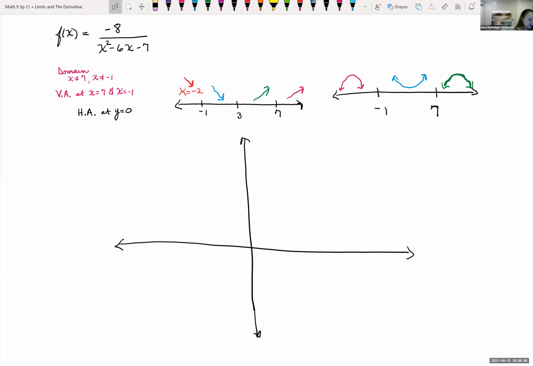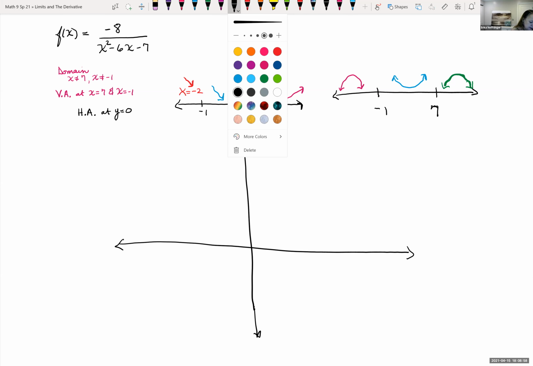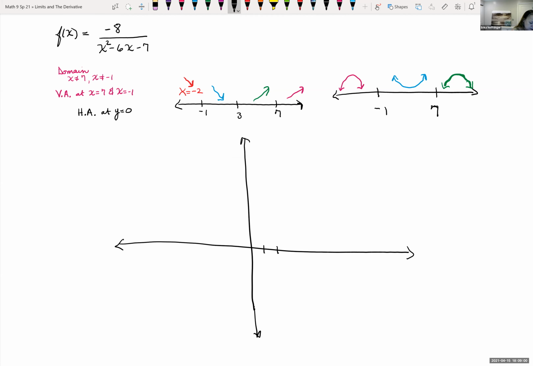So we know that we have a vertical asymptote at x equals 7. So I'm going to draw a vertical dotted line to represent that. We also have a vertical asymptote at x equals -1. We have a horizontal asymptote at y equals 0, or our x-axis.